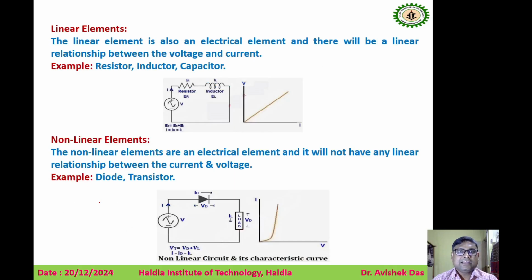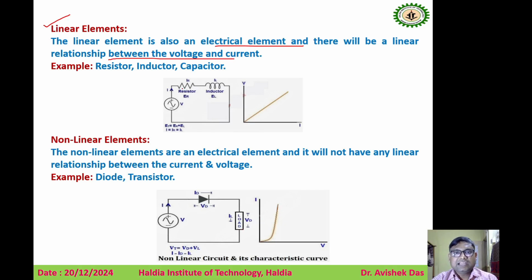Okay, in the next slide we will discuss the circuit element. Some network elements are known as linear elements and some are known as non-linear elements. So what is the difference between the linear element and the non-linear element? First we discuss the linear element. The linear element is an electric element where there is a linear relationship between voltage and current.